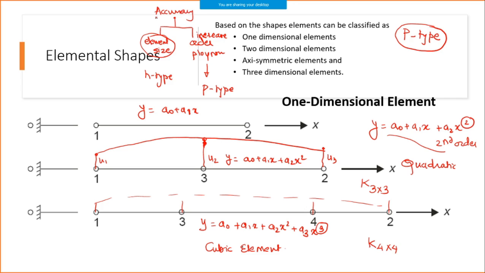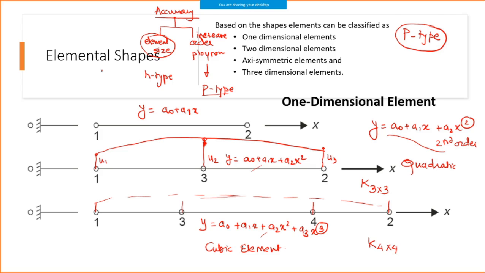But if you are dealing with p-type, I need to go for higher and higher order polynomials, and it will give a better result with fewer elements. But in the linear element case, I can go on reducing the size and increasing the number of elements, which will lead to better results.